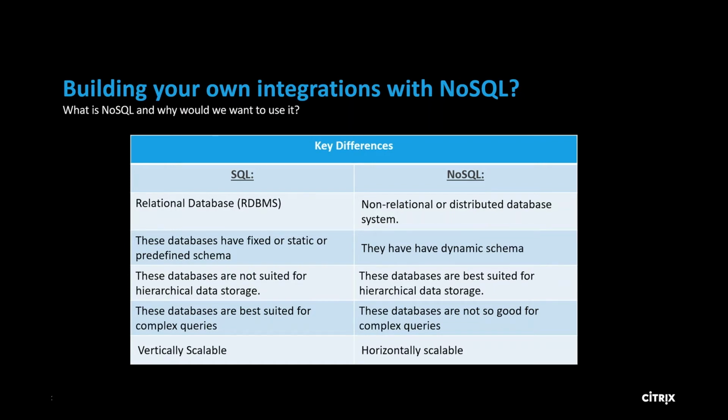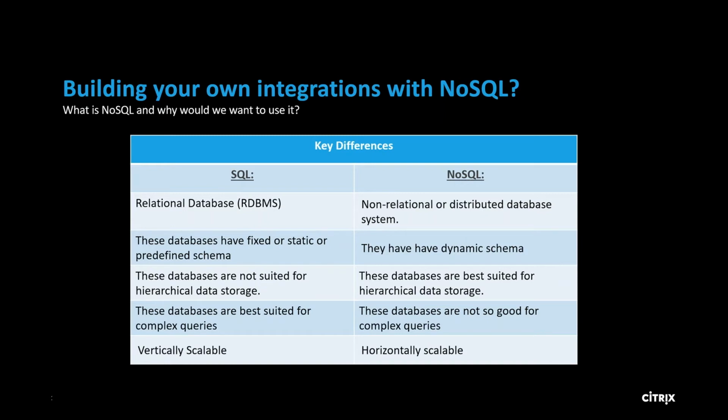NoSQL is a non-relational data structure, and SQL is, of course, a relational database, the classic Microsoft SQL or the traditional databases that you are already used to. So the difference here is that the NoSQL database has a dynamic schema, right? Whereas SQL has a predefined or fixed or static schema.